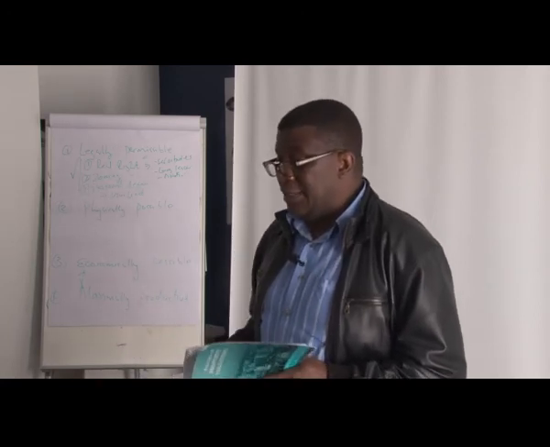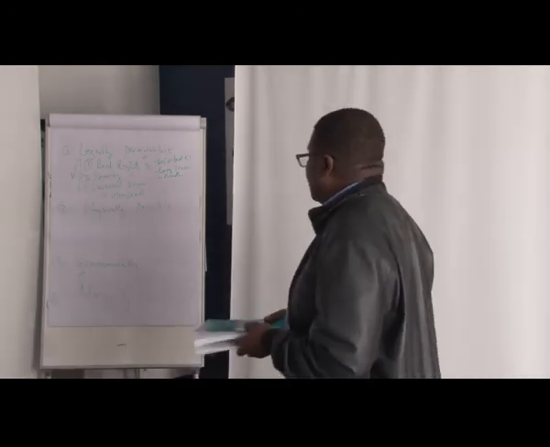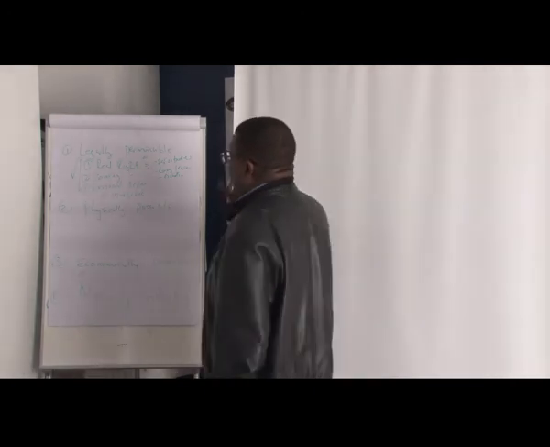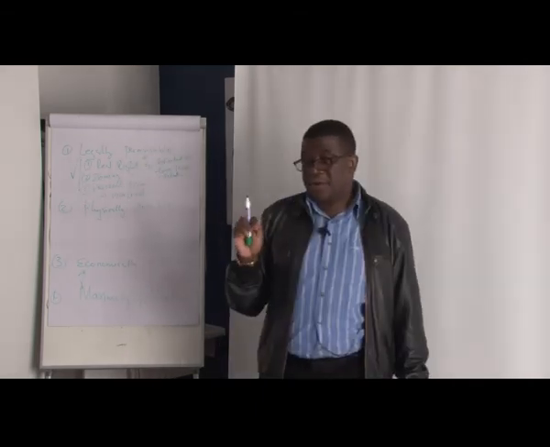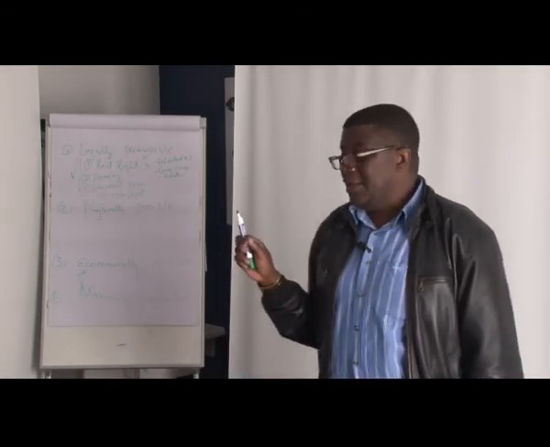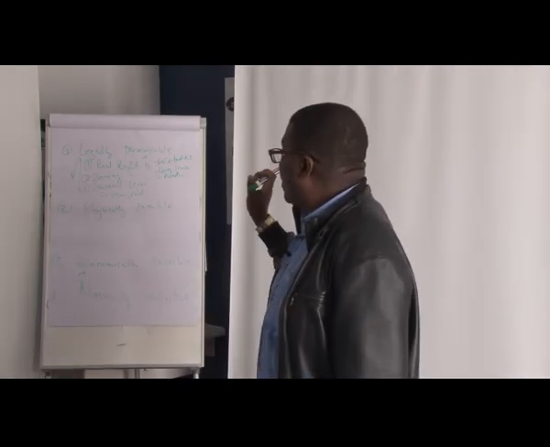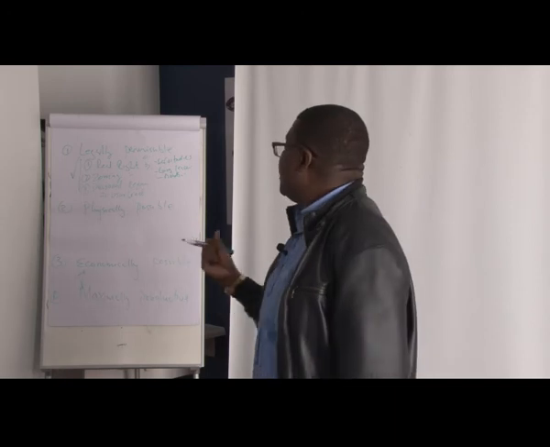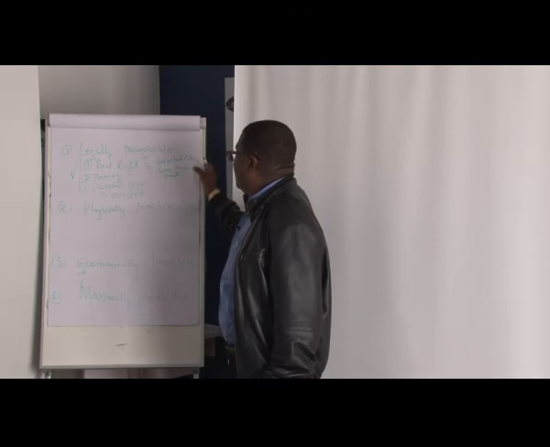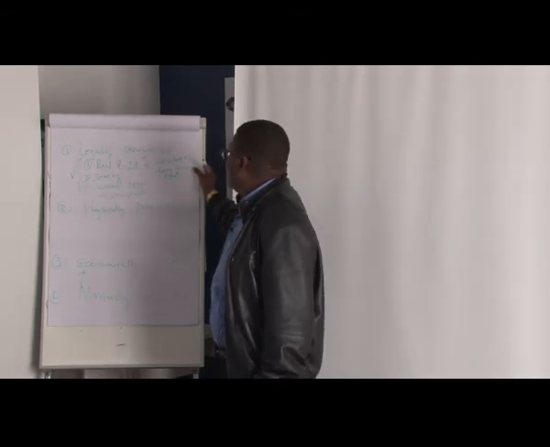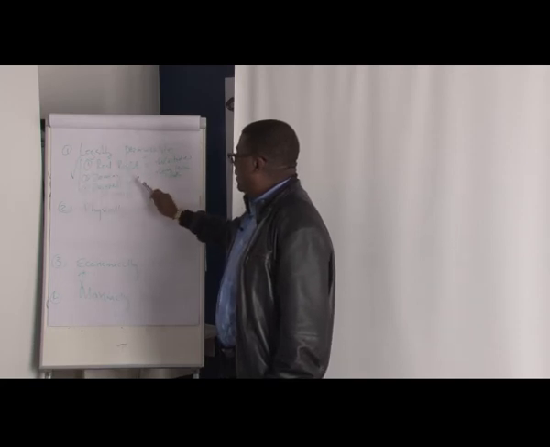So when you are looking at the concept of highest and best use, first and foremost, look at the legal permissibility criteria of that property. And under the legal permissibility criteria, you look at three aspects: the real rights of the property, which refers to the servitudes, long leases and bonds, then the zoning of that property, and then the personal rights.